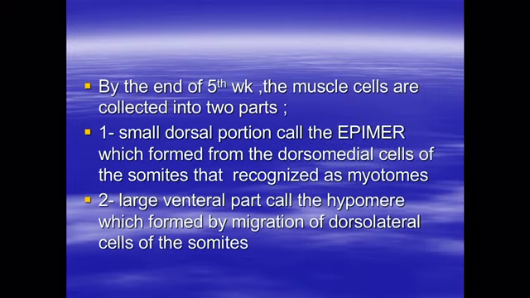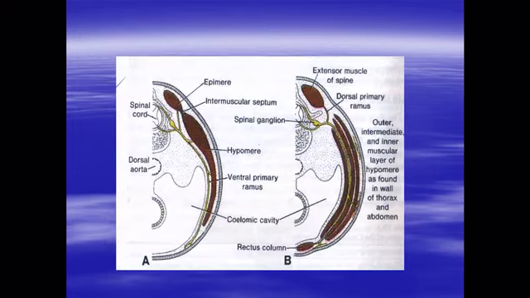A large ventral part, they call it hypomere, which is formed by migration of dorsolateral cells of the somites. So this is the epimere, and this all is the hypomere. The epimere will form the muscle of the back of the spine.